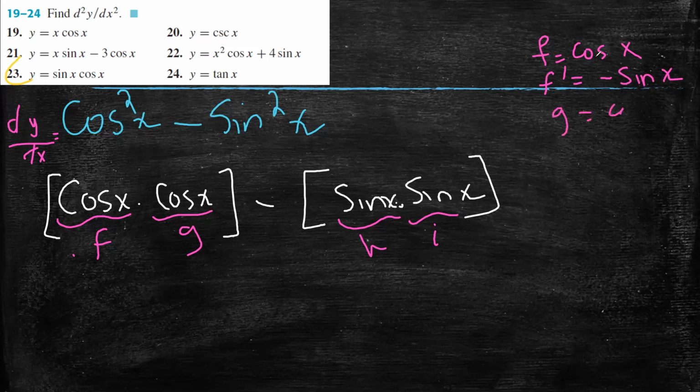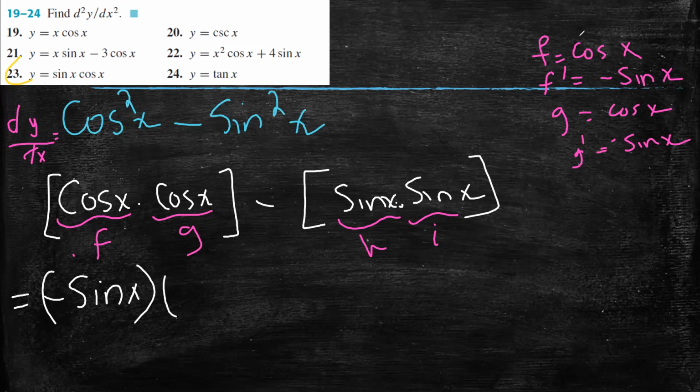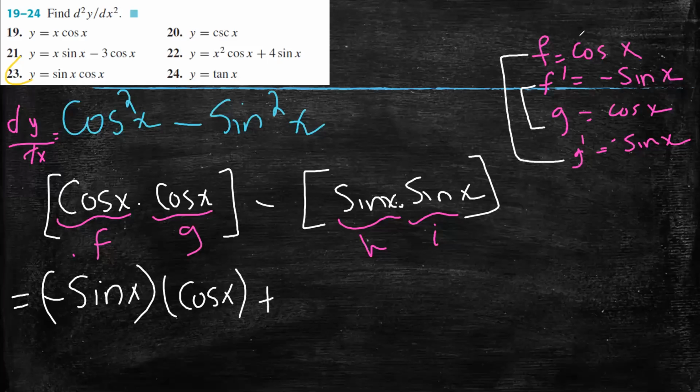And if g is cosine, also g prime will be negative sine. Then the derivative of the first term will be f prime, which is negative sine x, times g, which is cosine x, plus g prime f, which is negative sine x cosine x.